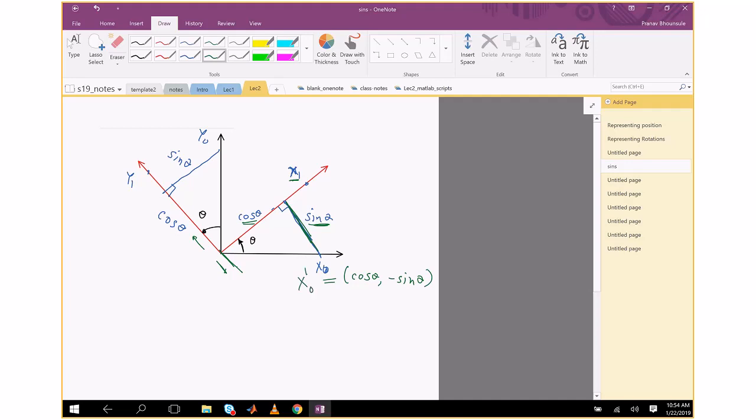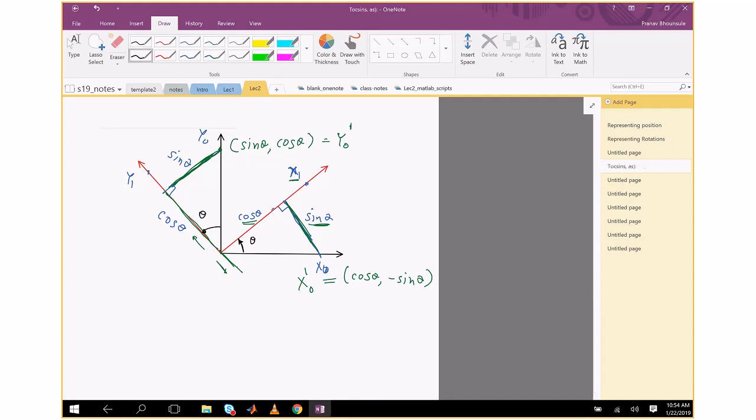Similarly, we can write coordinates of this point. So the x coordinate is along the x1 axis, so that's sine theta, and the y coordinate is along this, that's also positive, and that is y0 in frame 1.